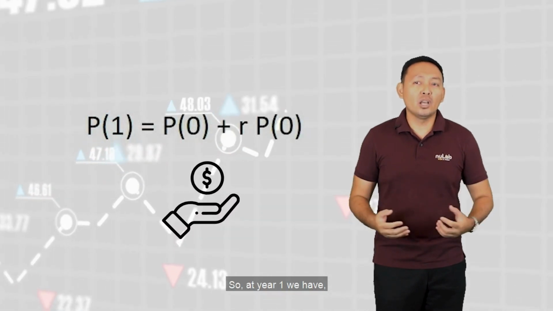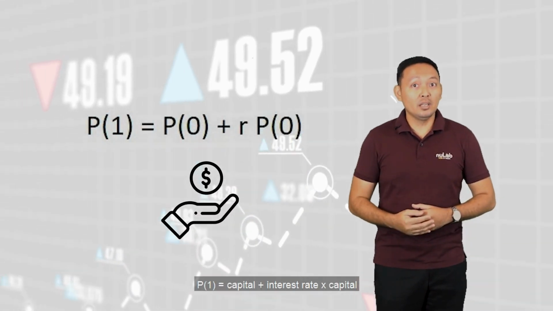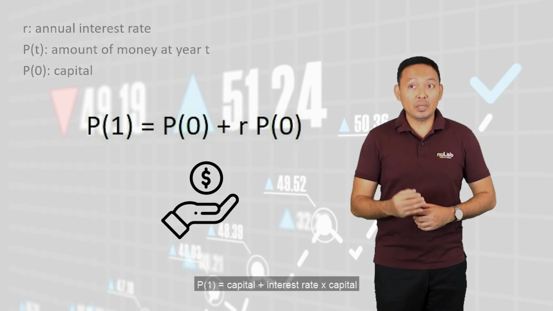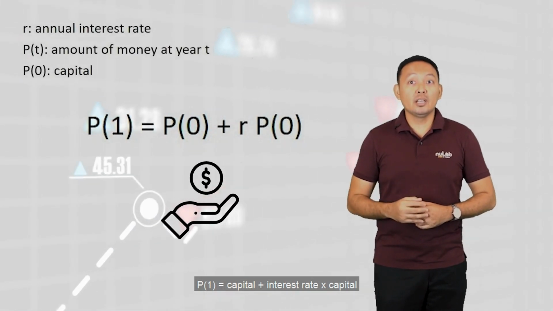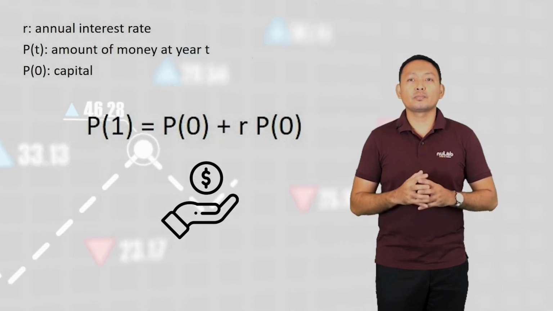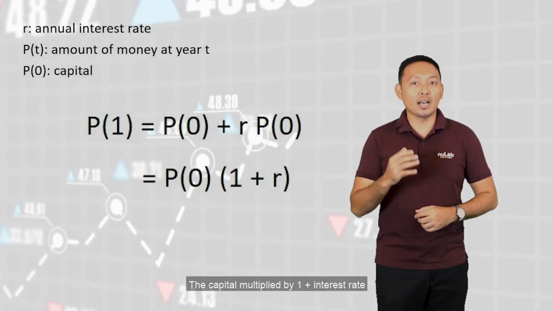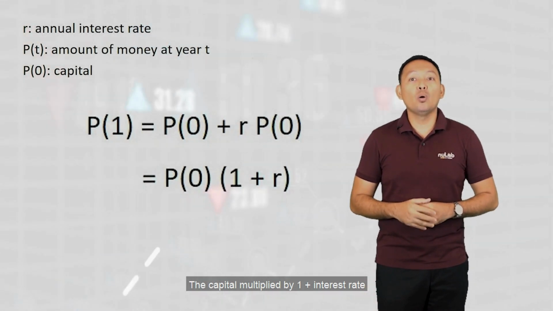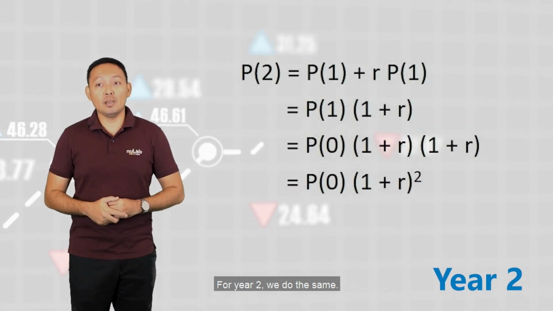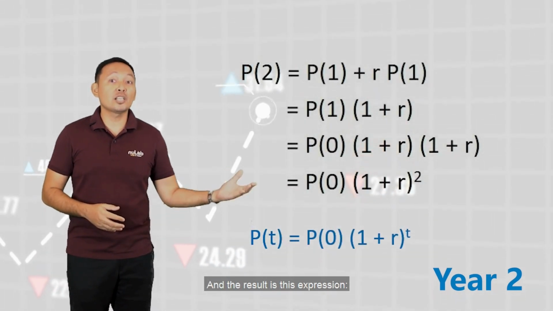So at year 1, we have P of 1 equals your capital plus interest rate times your capital. Then using factoring, we have this amount of money, the capital multiplied by 1 plus the interest rate. For year 2, we do the same, and the result is this expression.